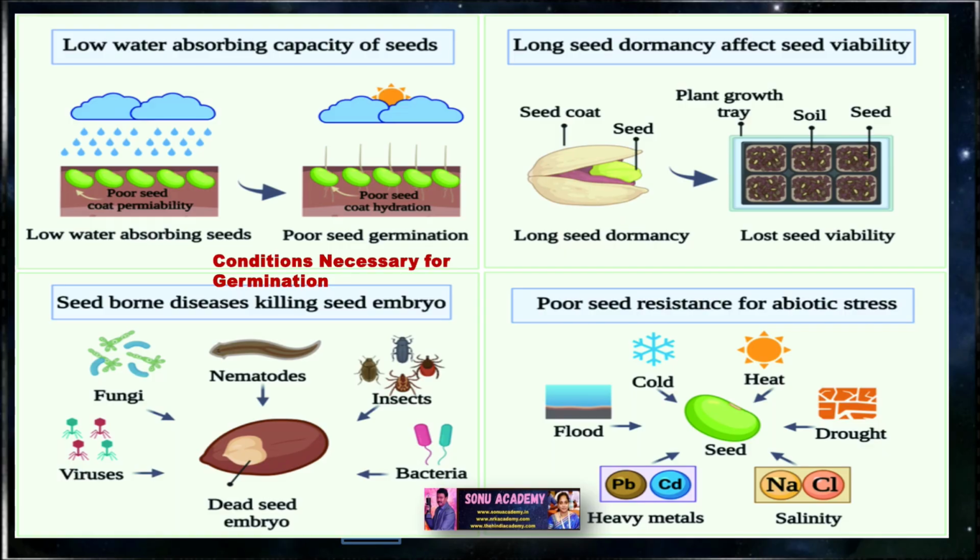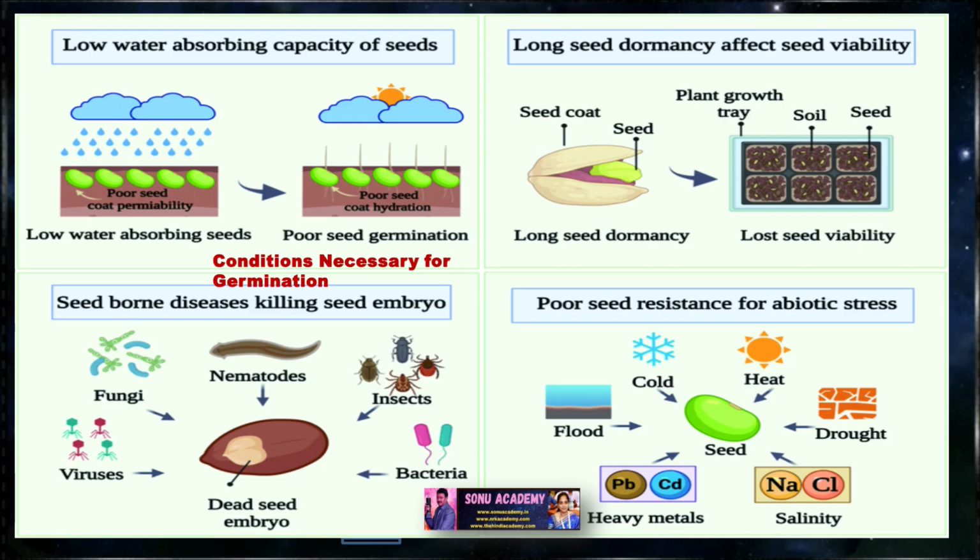Adequate moisture in the environment is essential for imbibition to occur. Third one is temperature. Optimal temperatures vary among species, but generally warmer conditions accelerate the imbibition process. Fourth one is seed viability. Only viable seeds with active embryonic tissues can undergo successful imbibition and subsequent germination.